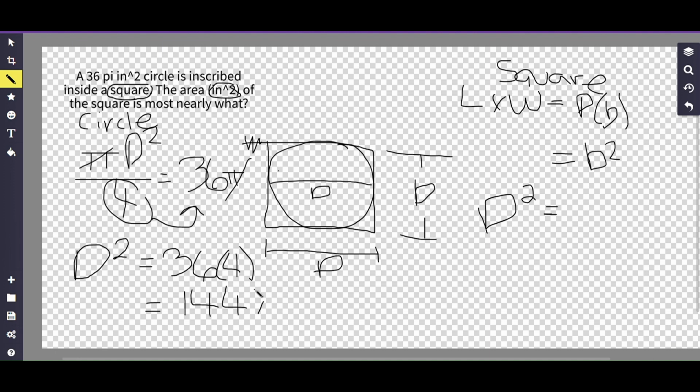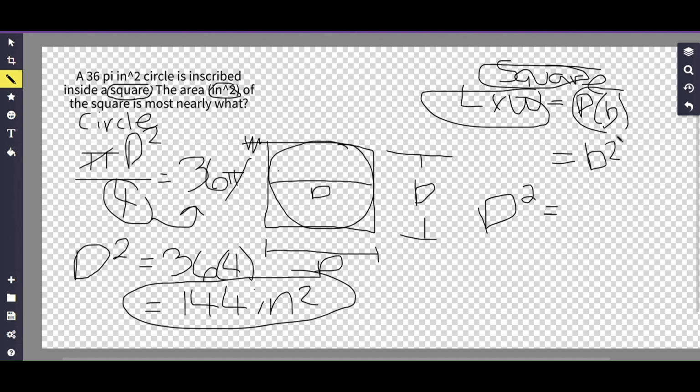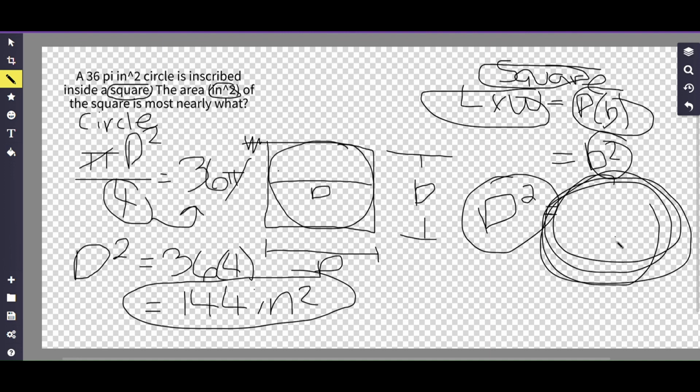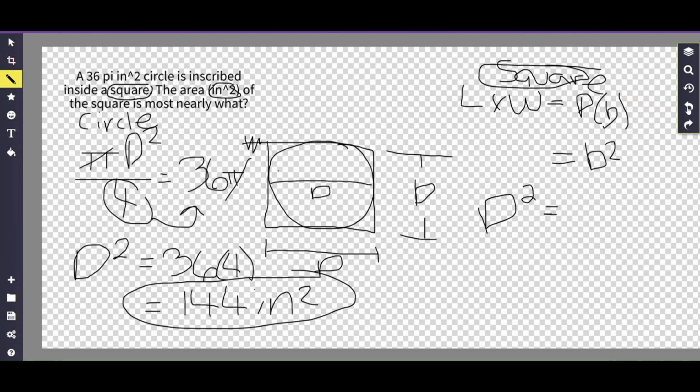So, what do we know? Your answer, based off deduction, we realized that there was a square. We found out the length times width. It was d times d. It gives you d squared. What is it trying to do in relation to the circle? With that in mind, we can start to work the problem on the other side, which is the circle.